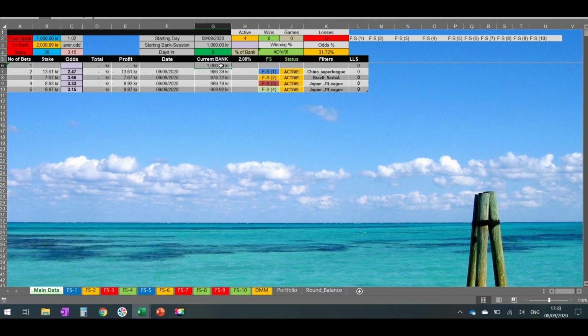So you see we started with 1,000 kroner, and then those we have lost. So if instead of active we change them to win, this goes to 1020. If we win, this changes here, and instead of active it goes to wins. So the goal is for the wins here to be the same as those 36. So on the 36th win we will have our bankroll doubled.